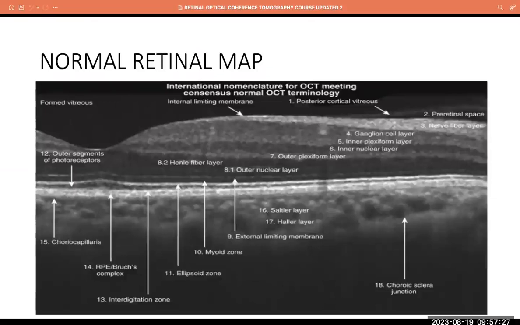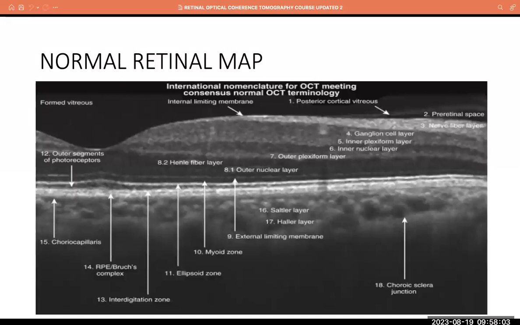Now, the other 2 zones that are hyporeflective in the outer retina, the dark ones, are the myoid zone and the photoreceptor outer segment. The myoid zone contains granules of glycogen, granules of sugar, while the photoreceptor outer segments are just the outer segments of the photoreceptor. They are hyporeflective.